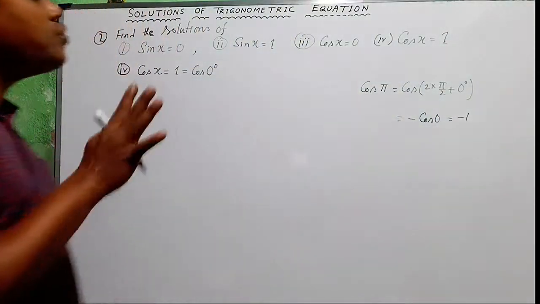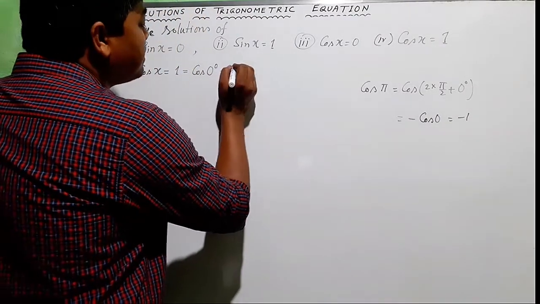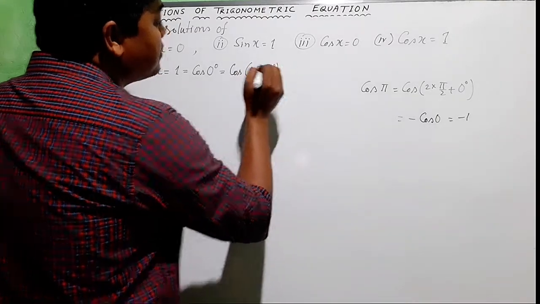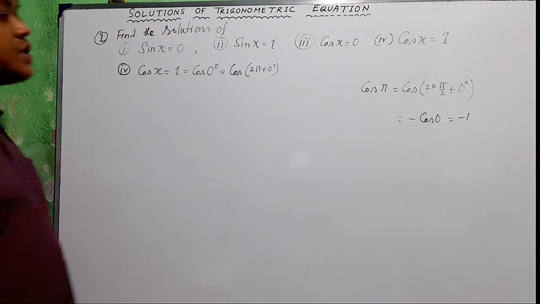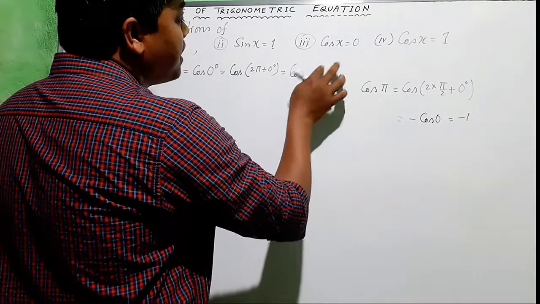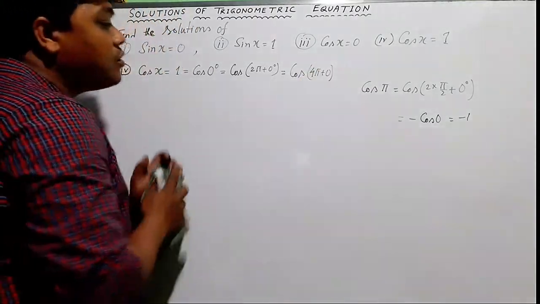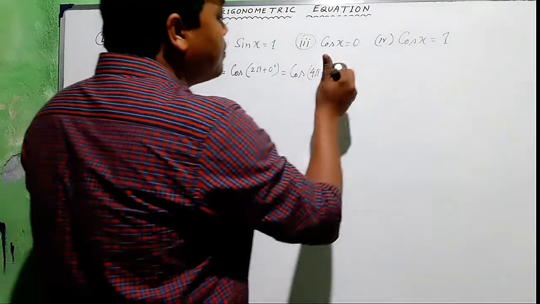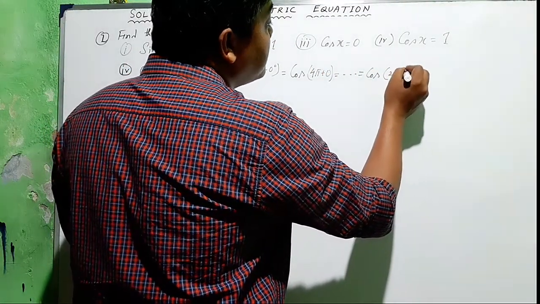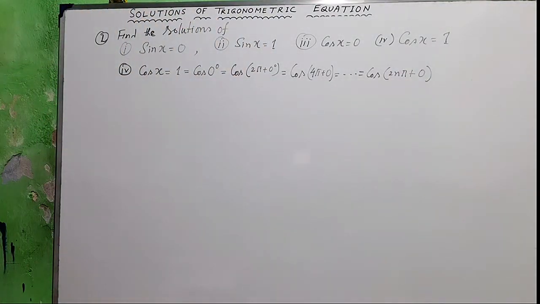So cos 2 into pi by 2 plus 0 cannot be the solution. So we can write cosine 2 pi plus 0. Similarly cosine 4 pi plus 0 is also 1. So in this fashion, we can say cos 2n pi plus 0 also gives 1.